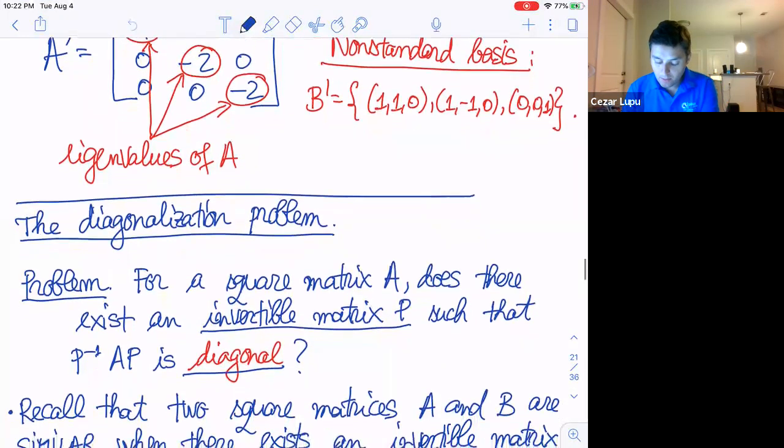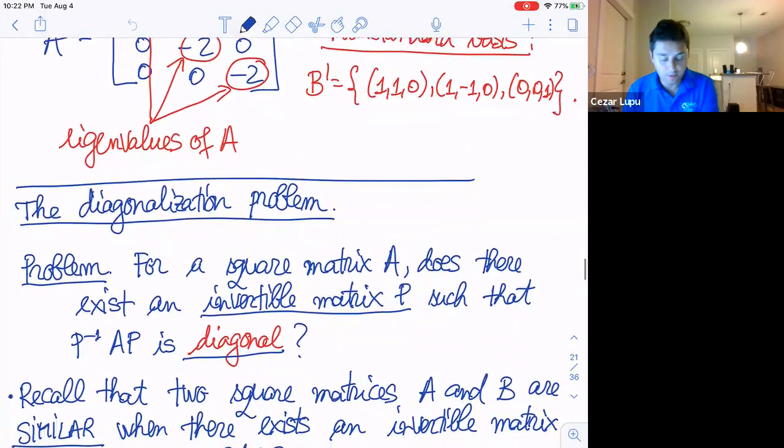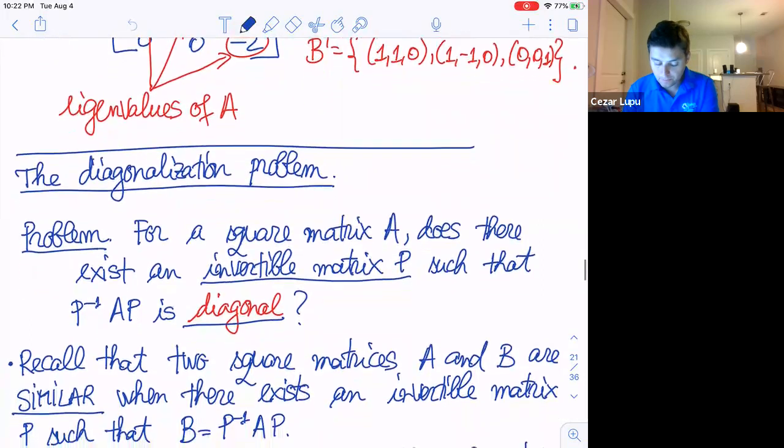Well, let me recall from the previous lecture what it means for two matrices to be similar. So two square matrices A and B are similar if there exists an invertible matrix P such that B can be expressed as P inverse times AP, right?